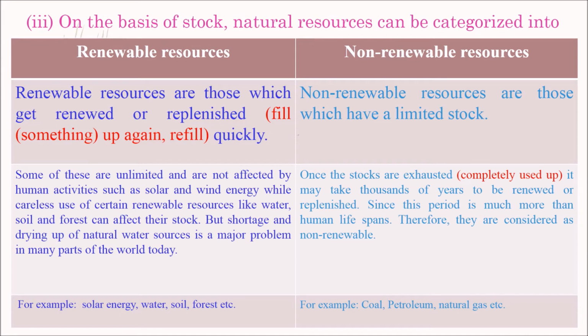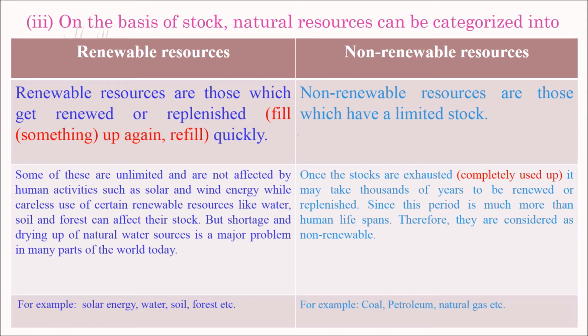Some renewable resources are unlimited and are not affected by human activities, such as solar and wind energy, while careless use of certain renewable resources like water, soil, and forest can affect their stock. Storage and drying up of natural water sources is a major problem in many parts of the world today.